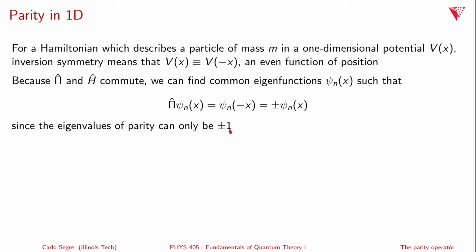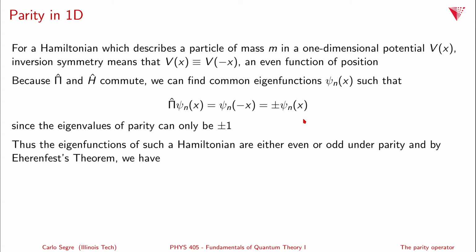That's because the eigenvalues of parity can only be plus or minus 1. It's the only option you have if you want this to be an eigenfunction of the parity operator as well as an eigenfunction of the Hamiltonian. So the eigenfunctions of this Hamiltonian are either even, that's the plus sign, or odd under parity.